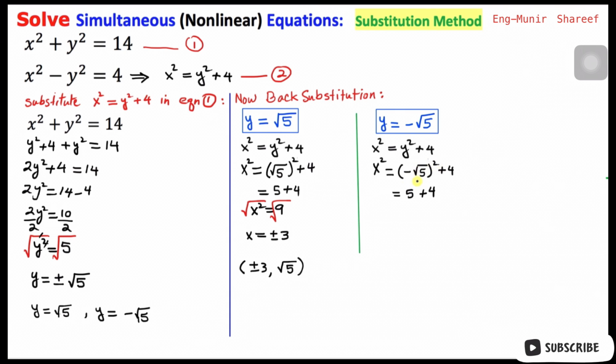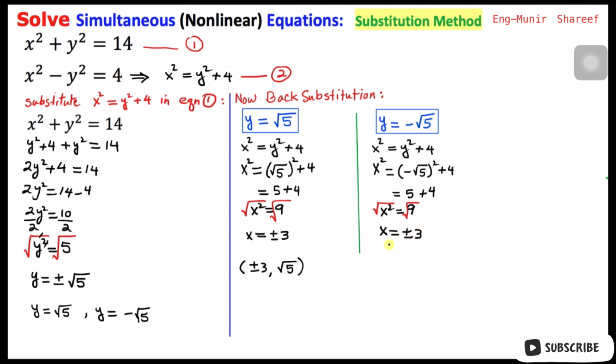Square and square root undo each other, so we got 5 plus 4, which is equal to 9, and this is x squared. Since we want to solve for x, let's take the square root on both sides. That means our x value turns out to be positive or negative 3.